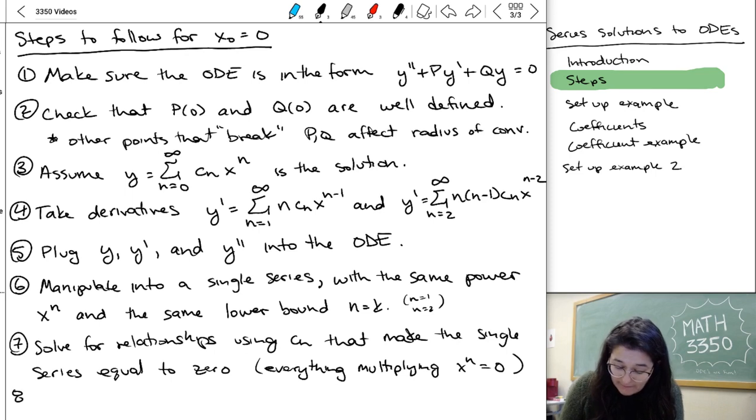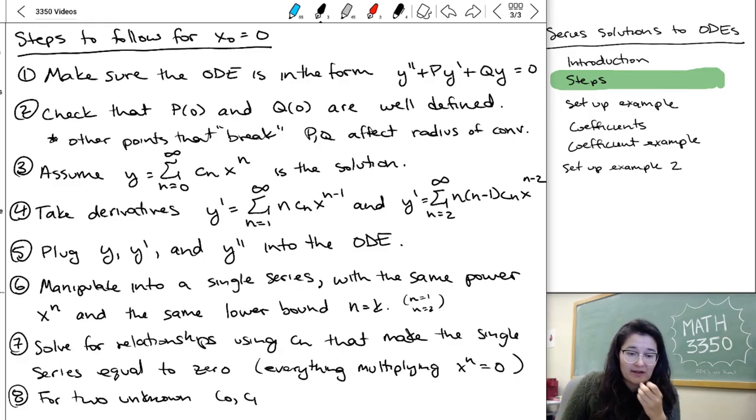And then finally, you should have two unknown coefficients that are left over after you solve for those Cn.